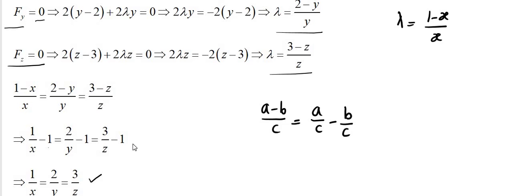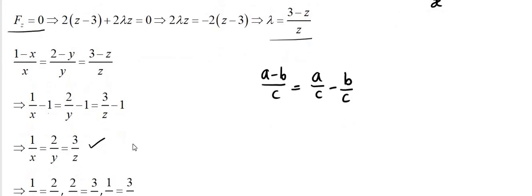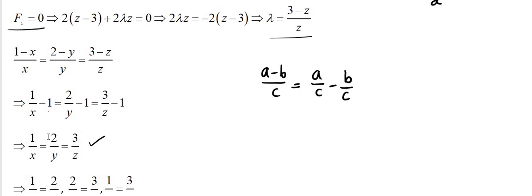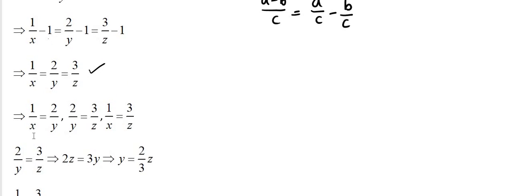That's why in the next step I am going to get 1 by x equal to 2 by y equal to 3 by z. Next, observe, I am going to equate first these two, after that these two, after that these two. Observe, this is the step what I told.